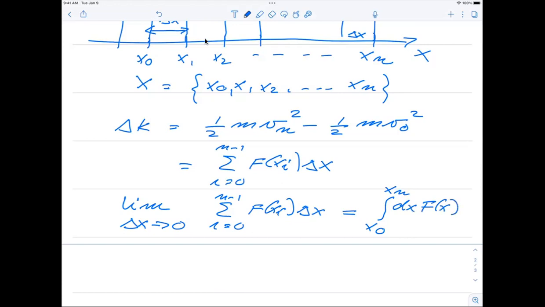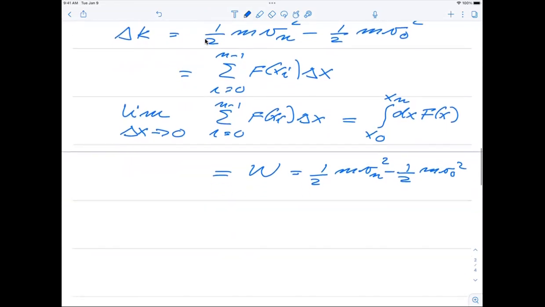And we are going to define this as the work which is done by a force on a segment delta x from x0 up to xn. And this is now related to the change in kinetic energy. So this will now be given by 1/2 m v of n squared minus 1/2 m v0 squared. Now what you see stated here is actually the work energy theorem.